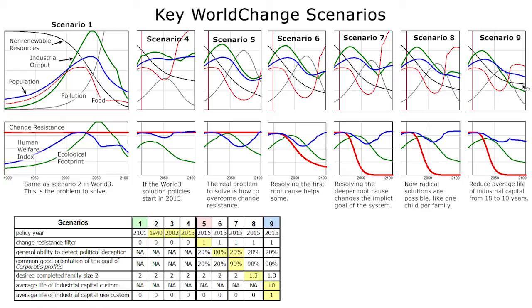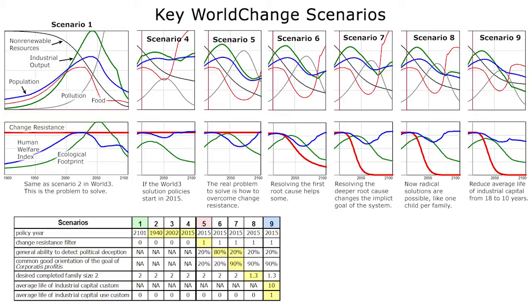Reducing the average life of industrial capital chokes down production, which causes non-renewable resource depletion to slow down so much that it flattens out at well above zero, somewhere above 25% or more. The result is we have an acceptable long-term solution to the sustainability problem.